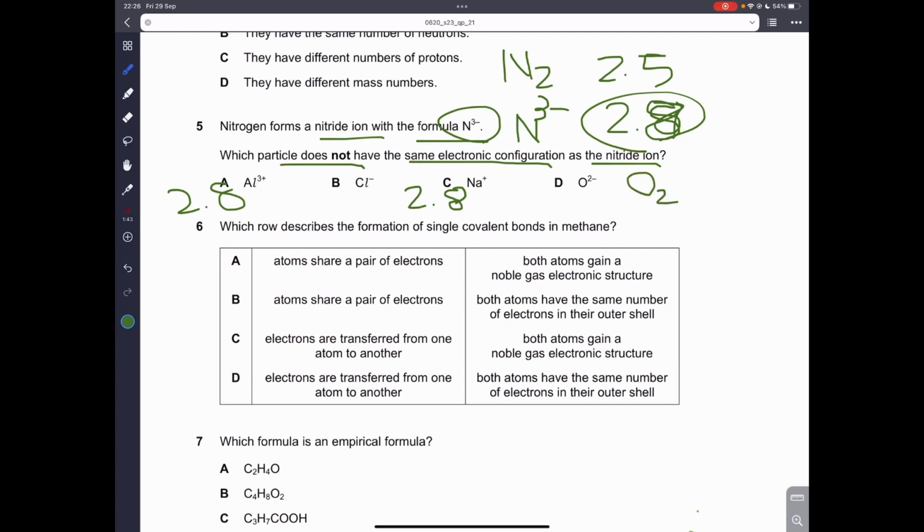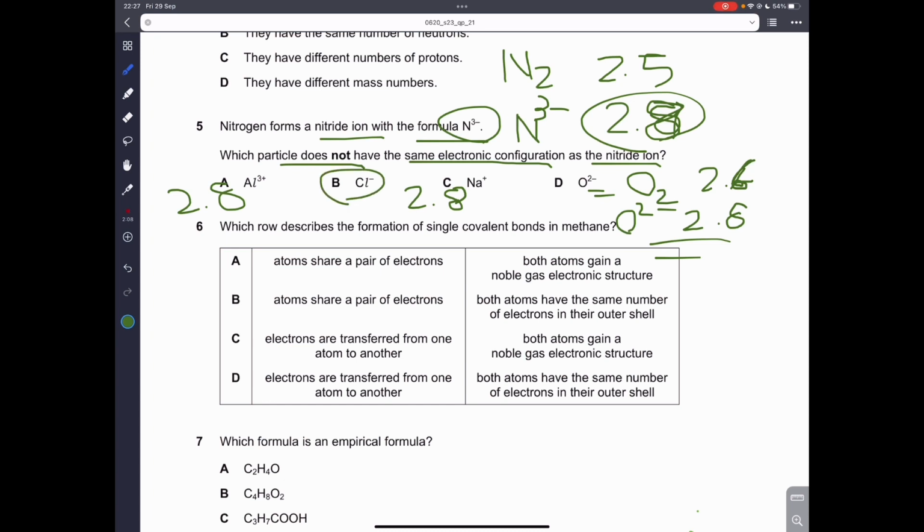When we write oxygen, we write the electronic configuration as 2.6, because oxygen is in group 6. And then we see 2-, this means it has gained 2 electrons, so 6 plus 2 is 2.8. So the O2- electronic configuration is the same as the nitride ion.